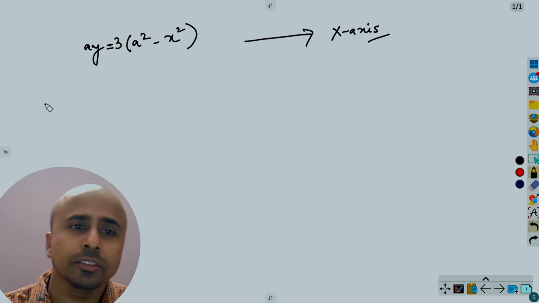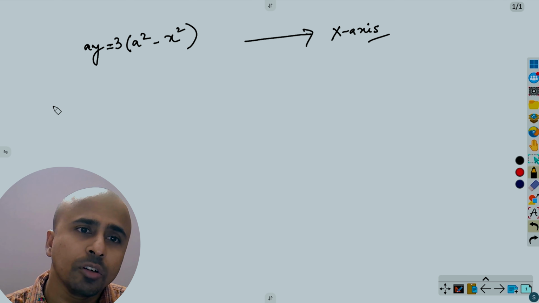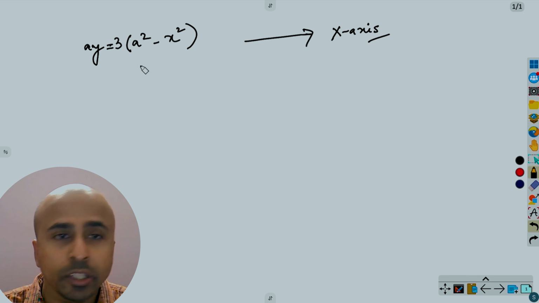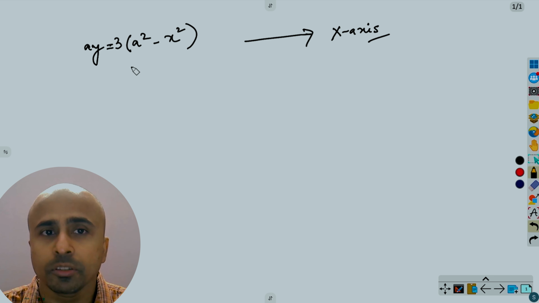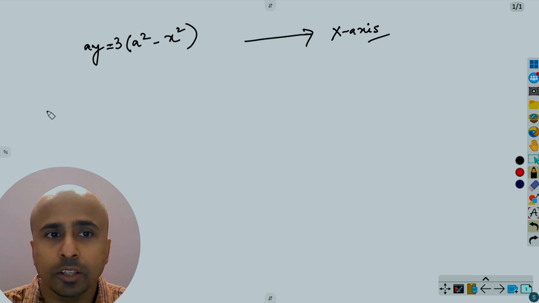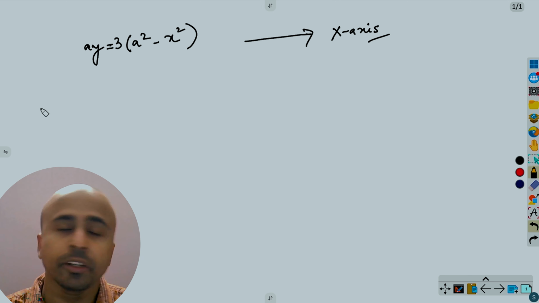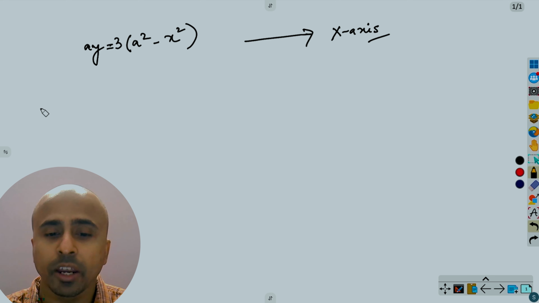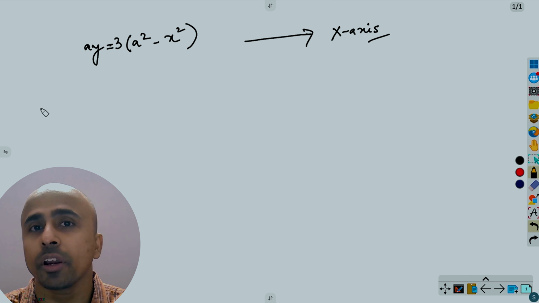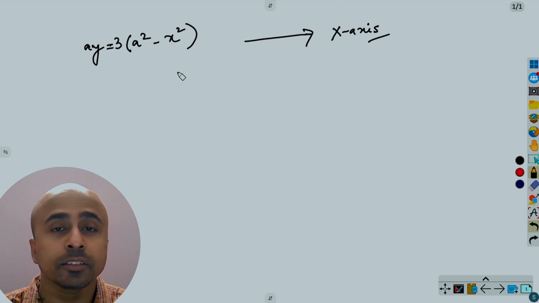So first thing first, we know the equation, we know the parabolic form. First we will investigate at which points this parabola intersects the x-axis, both the positive and negative x-axis, and then we will investigate at which point this parabola intersects the y-axis.